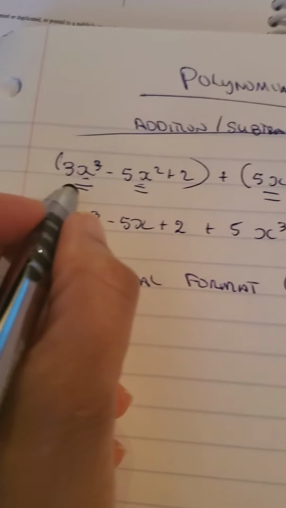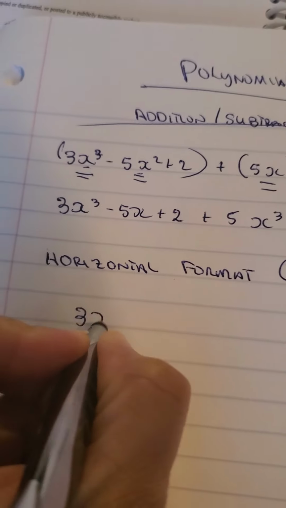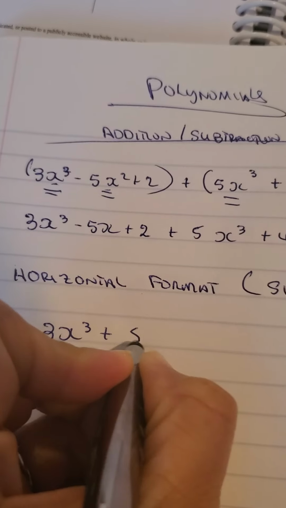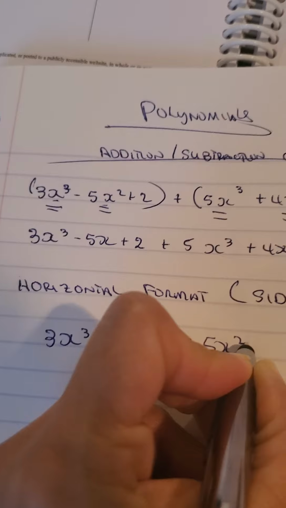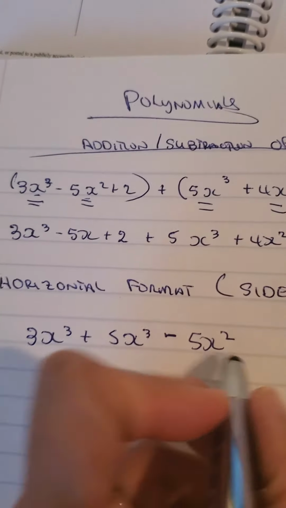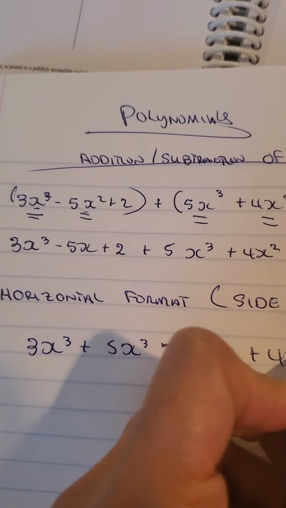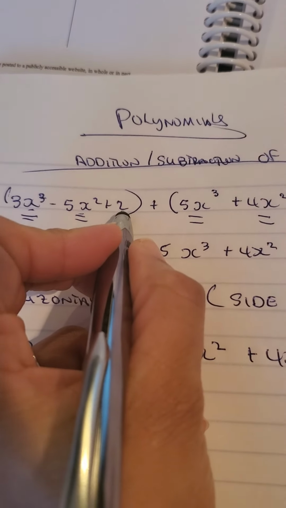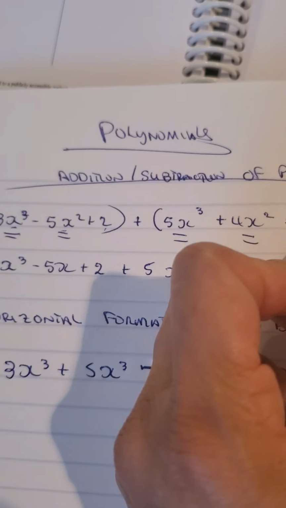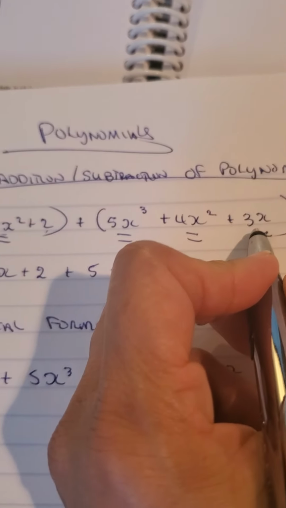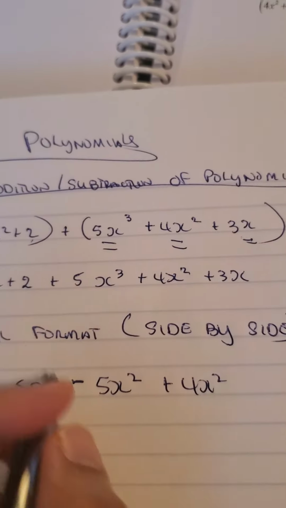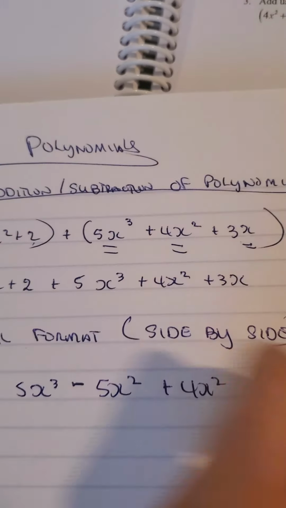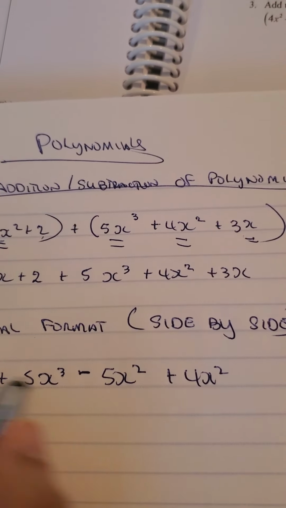Here we have a 3x cubed term plus a 5x cubed term, minus a 5x squared term. Take the sign with each term, plus a 4x squared term. Here we have a constant by itself and a 3x term by itself. They do not have any like terms to match, but I'll keep it in descending order, meaning I start from the highest power and go down.